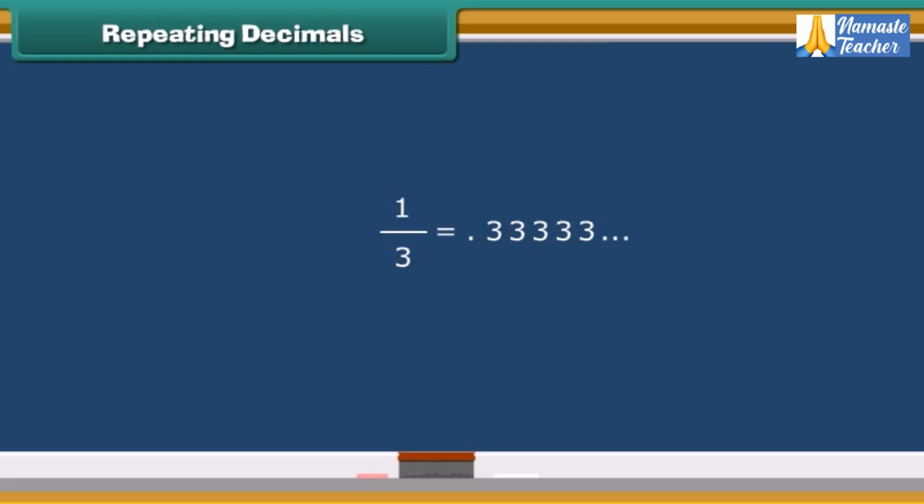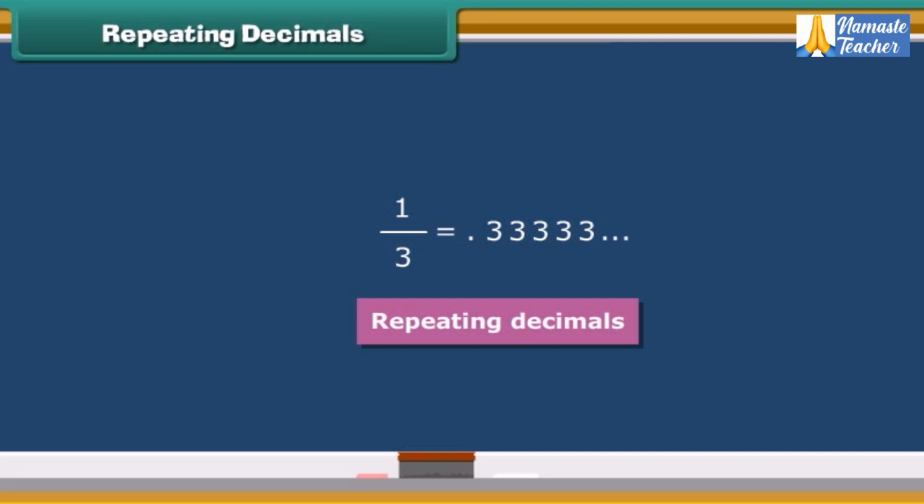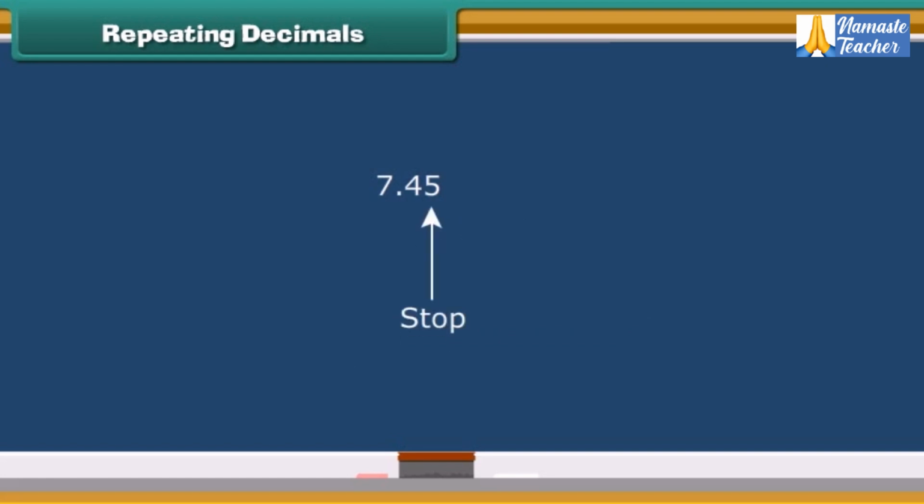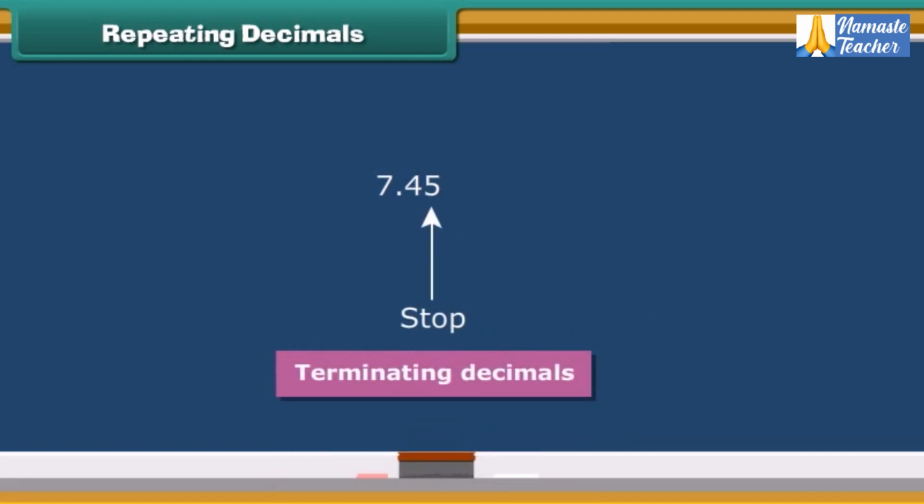So these decimals are termed repeating decimals. You can round off the number to 3/10 or 33/100, but it is more accurate to put a line over the last number. This line indicates that the number keeps on going. And the decimals that stop are called terminating decimals.